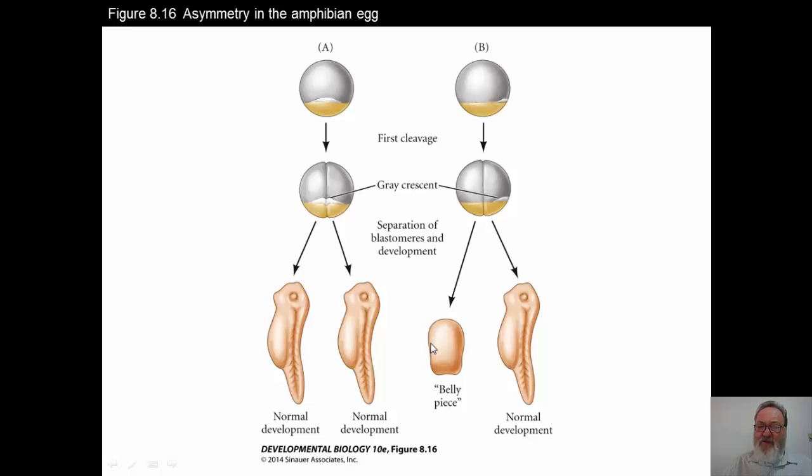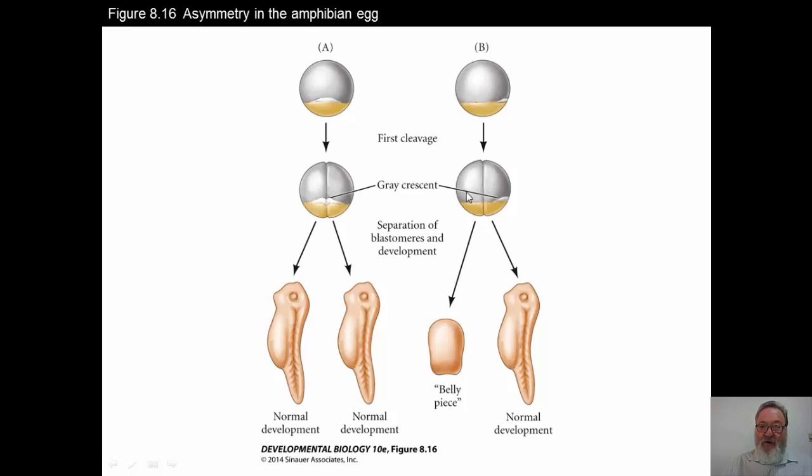And what did this suggest then? Well, it suggested to Spemann at the time that there was something different about the gray crescent. In other words, the egg was not totally uniform in its substance, and there was something in the region of the gray crescent that must be different than other parts of the cytoplasm.